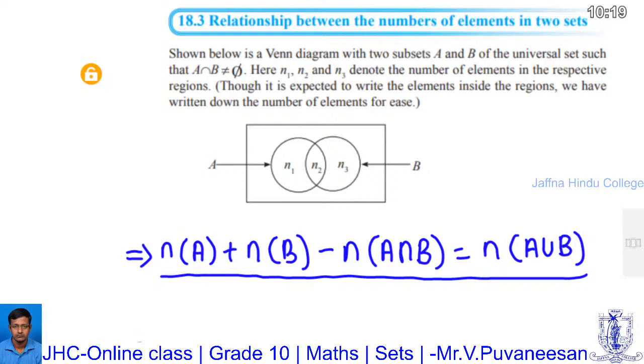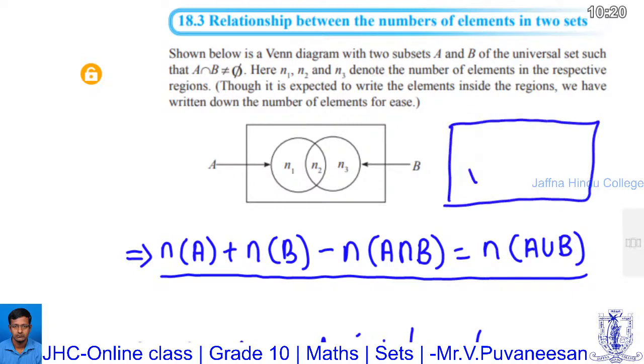If the sets A and B are disjoint sets, we can say number of A plus number of B equals number of A union B. Disjoint sets means, if shown in a Venn diagram, there is no intersection between A and B. Number of A intersection B is 0, the null set.